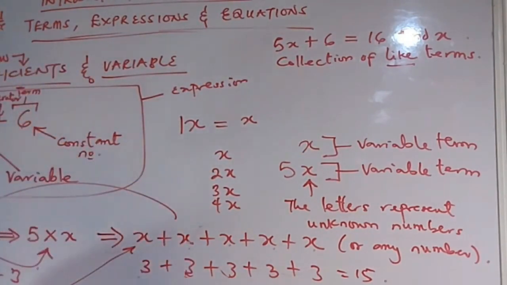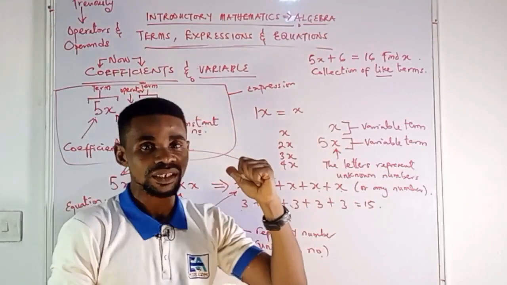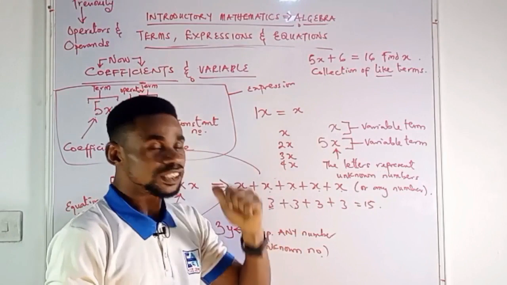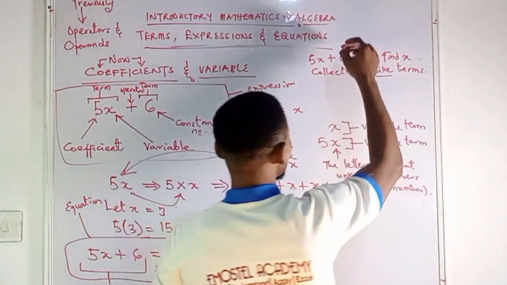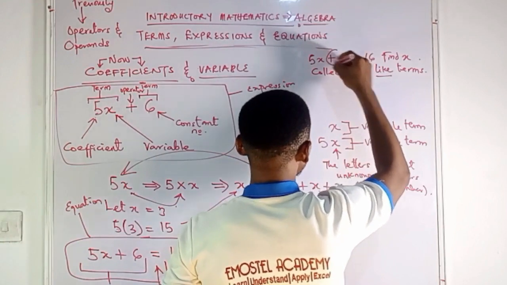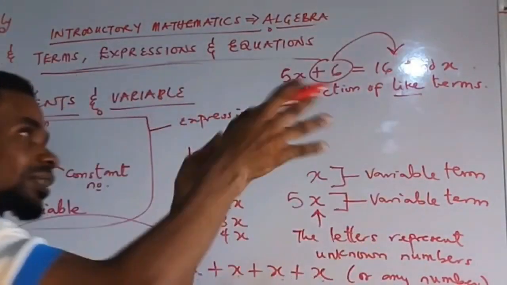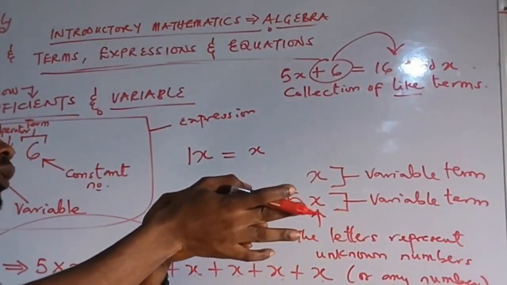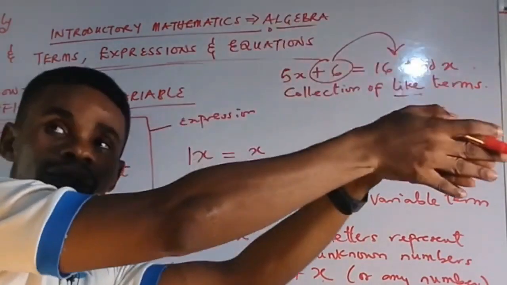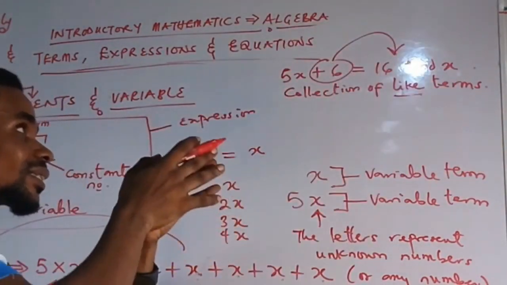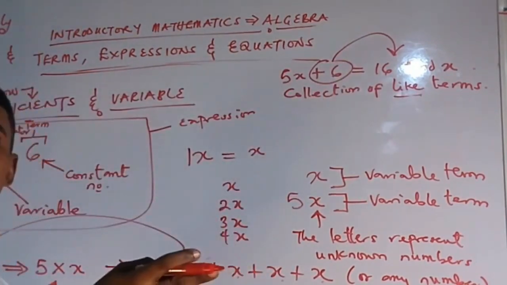But there is a rule in collecting like terms related to something I discussed with you in the previous video. The rule is that anytime you move any term to the other side of the equation, the sign that precedes the term changes to the opposite of it.